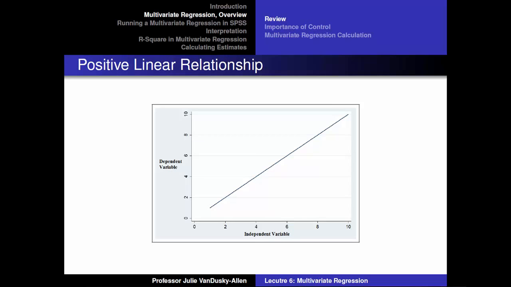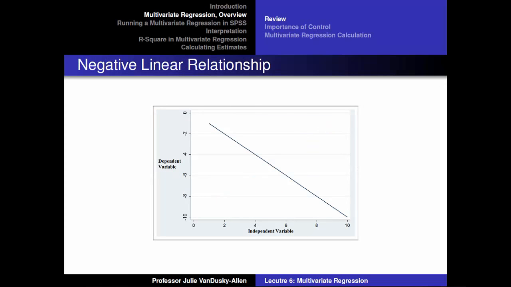Hence, the coefficient B hat for this line should be greater than 0 or positive. If we expect there to be a negative relationship, we expect that as the independent variable increases, the dependent variable decreases. Hence, the coefficient B hat for this line should be less than 0 or negative.